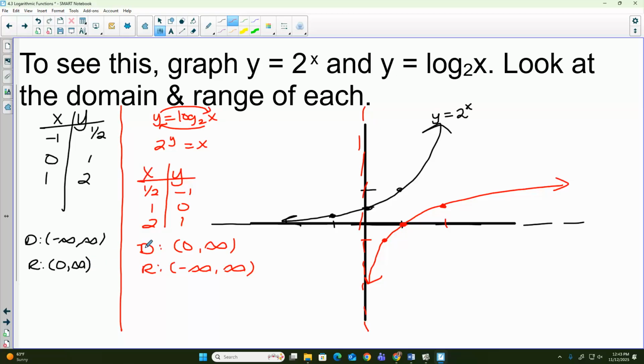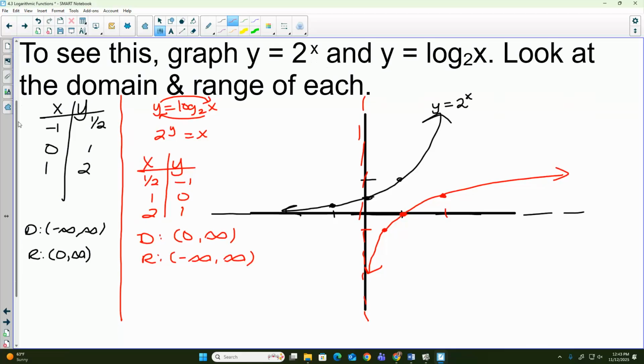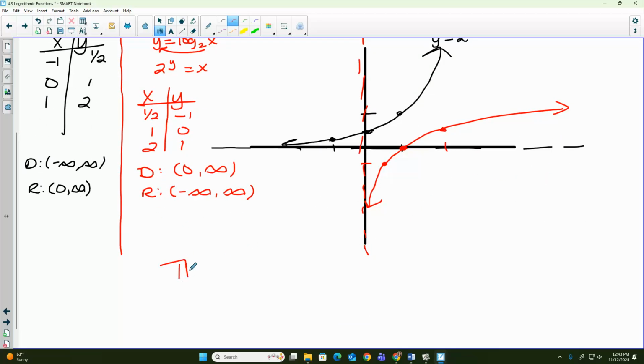The range of the first one became the domain of my second. What do we call that? Look at my ordered pairs. They were just flipped. Yes, these are inverses. So what we just found out is the log and exponential are inverses.